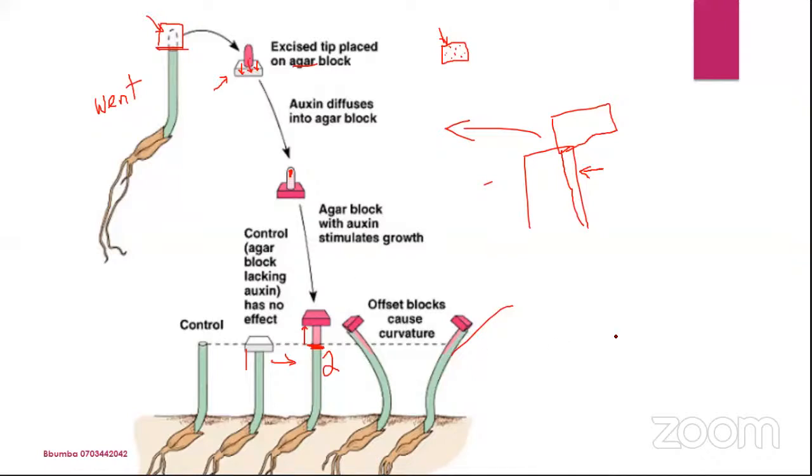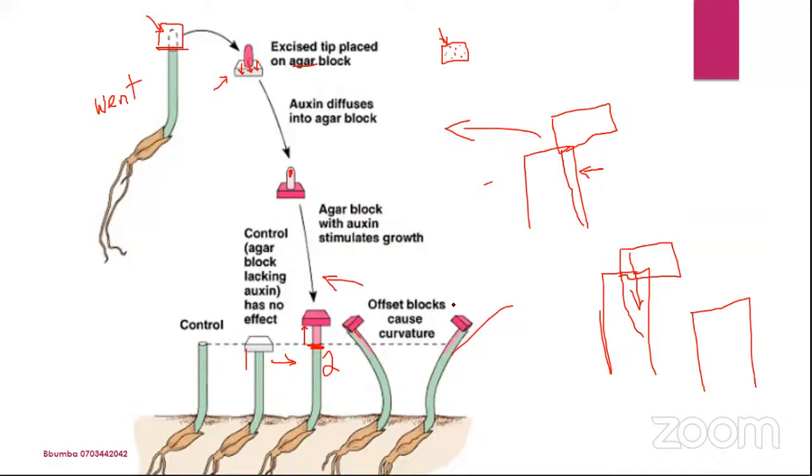He went on to do the same experiment, but placing the agar block on the other side, the left side now. When he placed it, again, the auxins diffused down the plant, making it grow while bending to the other side, because that side was not growing.